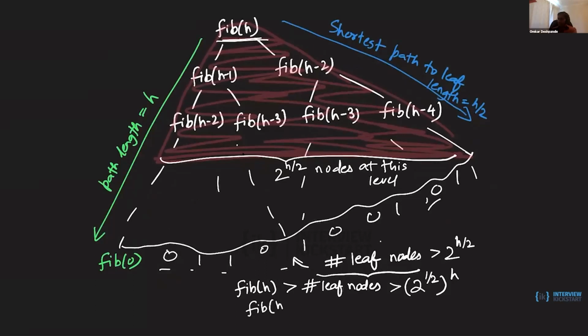So the value of fib of h has to be at least equal to square root of 2 to the power h. That is exponential in h.